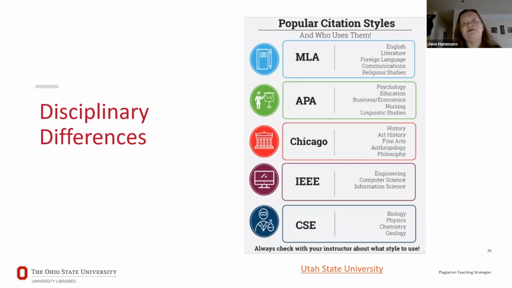One of the things my colleague Danny Dotson talks about a lot: if a student goes to a journal article, like they find it in a database or on a website, often they'll be given guidance, here's how to cite this source, and they'll copy that and put it in there and not realize that it's not in the citation style they're supposed to be using for their paper, because it doesn't clarify what citation style they're actually using, or they don't realize they need to change the style that's provided. So that can be confusing for students as well.